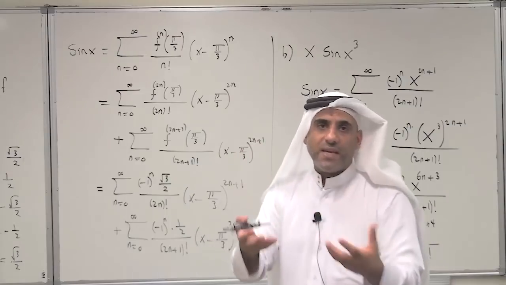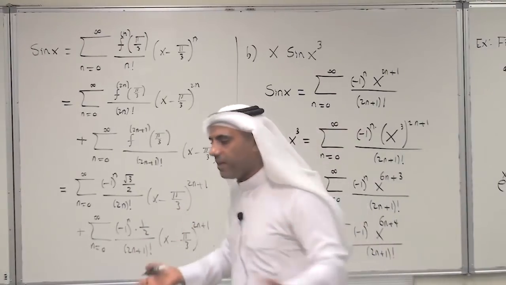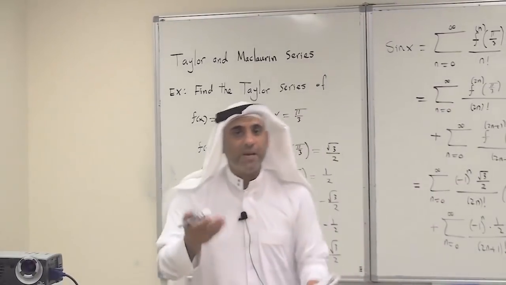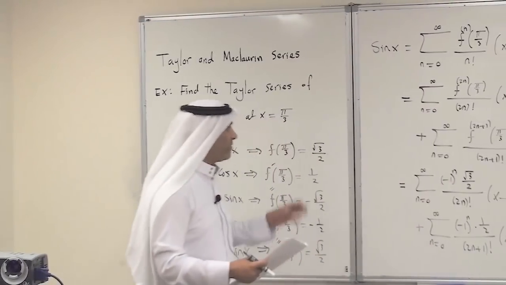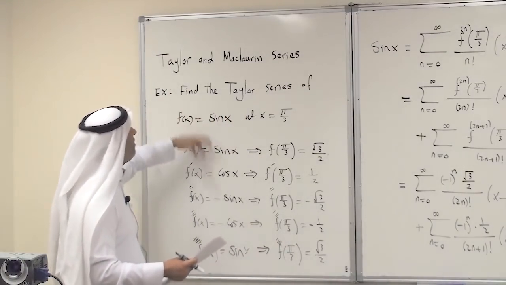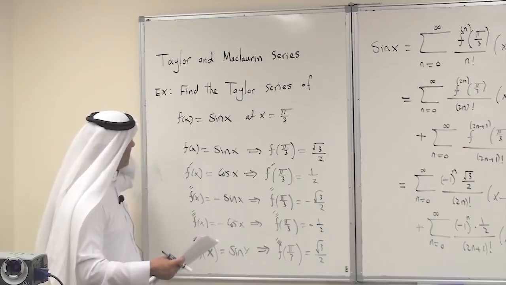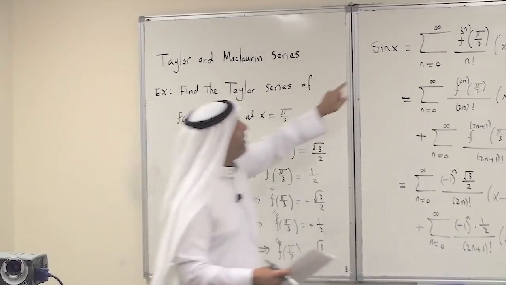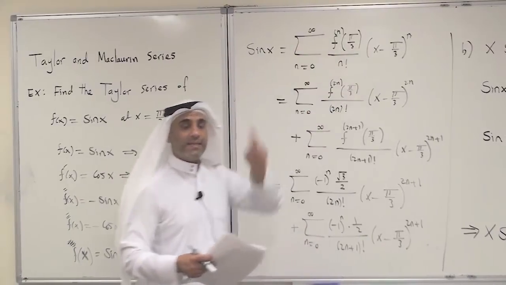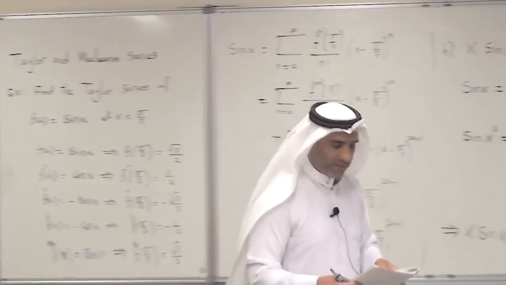Practically we just find like 5 terms, 6 terms, 7 terms. It depends on the error we are shooting for. But if you need to find it in general, the challenge will always be to find the nth derivative at a point. That's called the Taylor series representation of a given function.